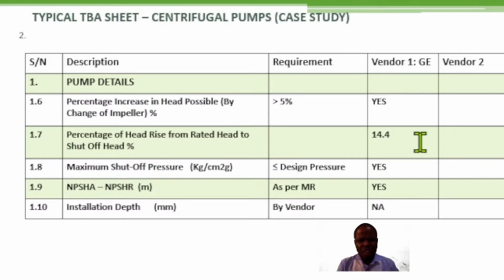Is the maximum shut-off pressure supplied by the vendor less than or equal to your own design pressure? If it is, you write yes under the particular vendor. If it is no, you will write no, because these are indicators for different vendors to determine the technical acceptability of their bids.